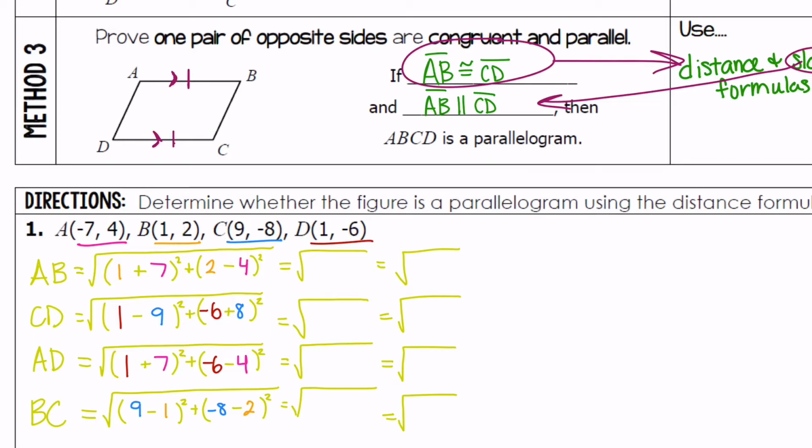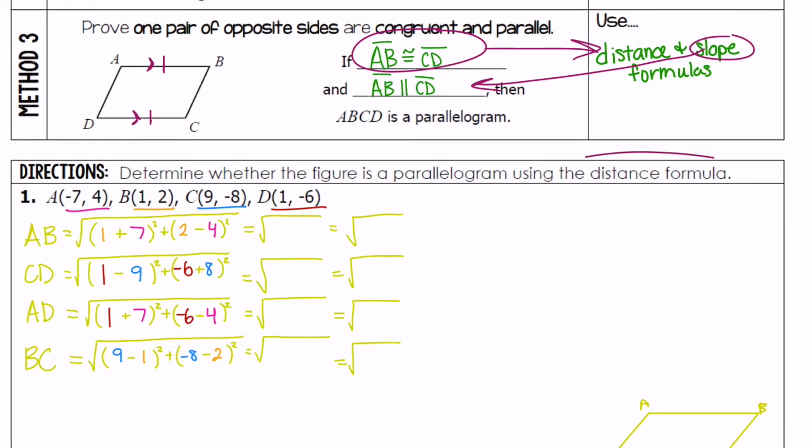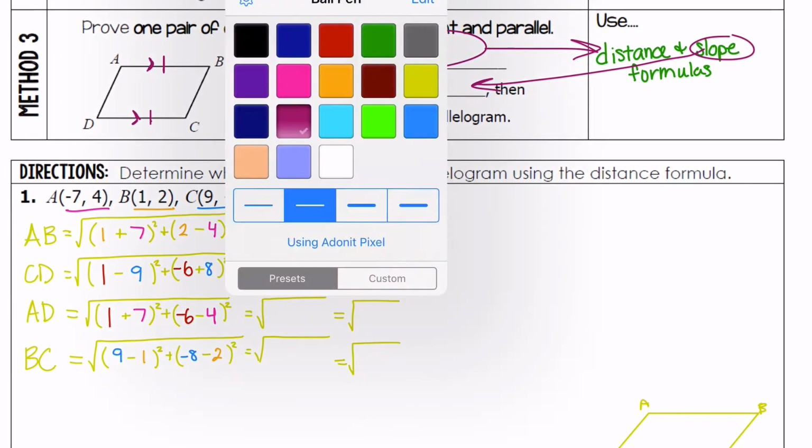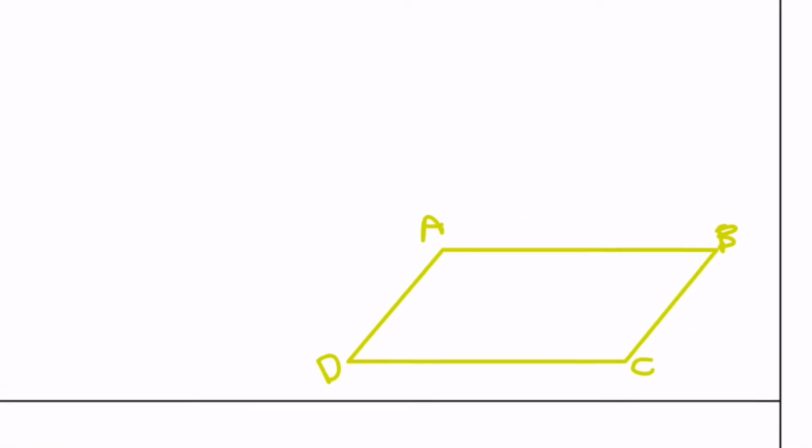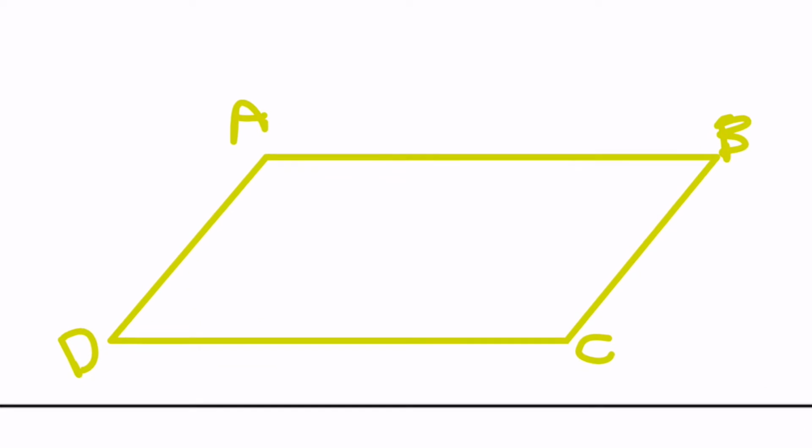On number 1, we're going to use the distance formula, so we're going to use method 1. I went ahead and drew my little parallelogram down here, or my shape, that I'm trying to determine is a parallelogram. I need to try and prove that AB is congruent to CD and that BC is congruent to AD.